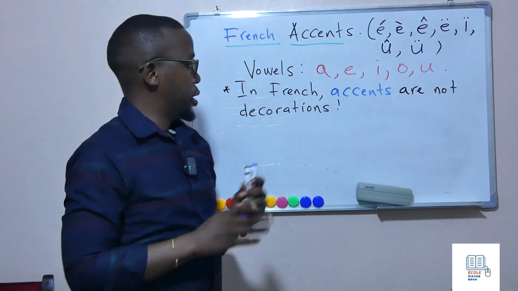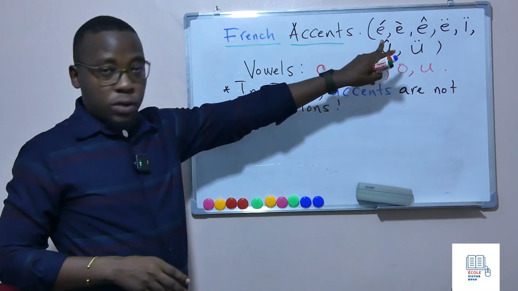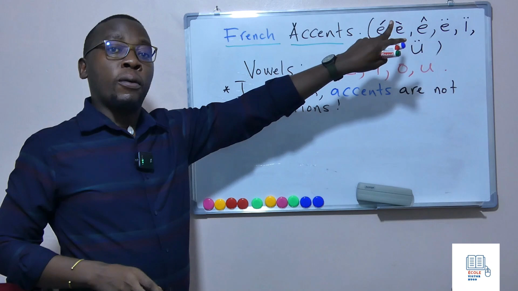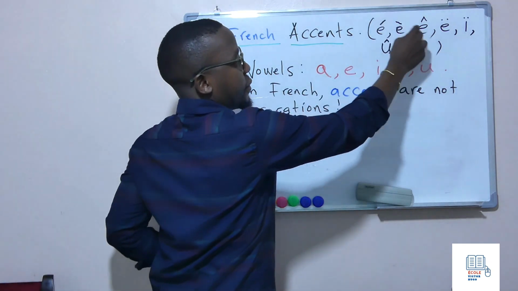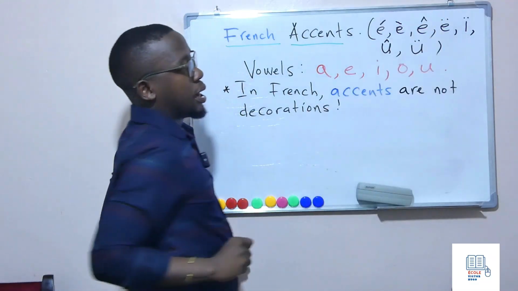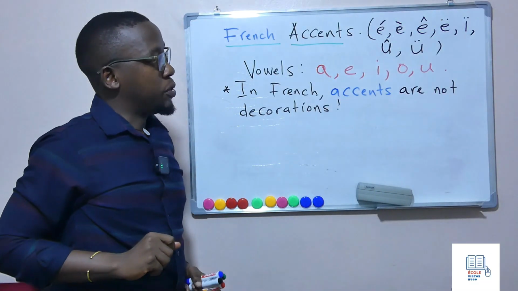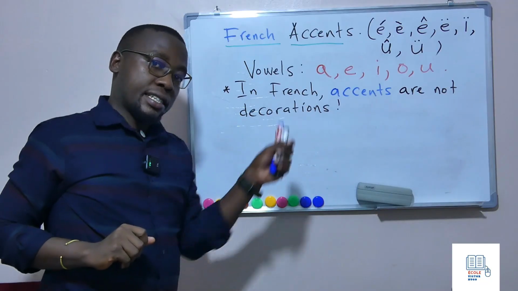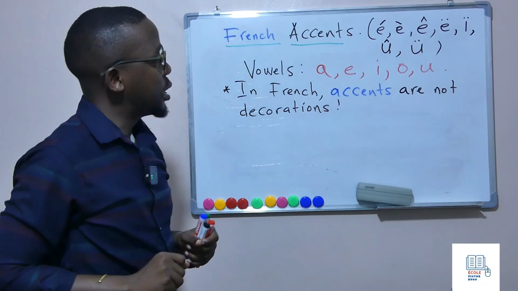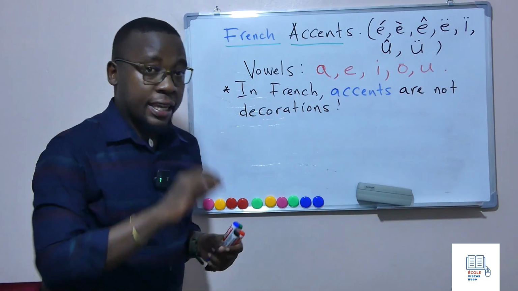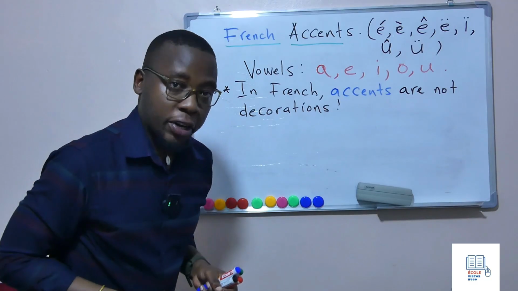So now these are vowels, but they have accents. The things that they put on the top of these vowels are what we call accents. And they are very, very important because they determine how a word is spoken.